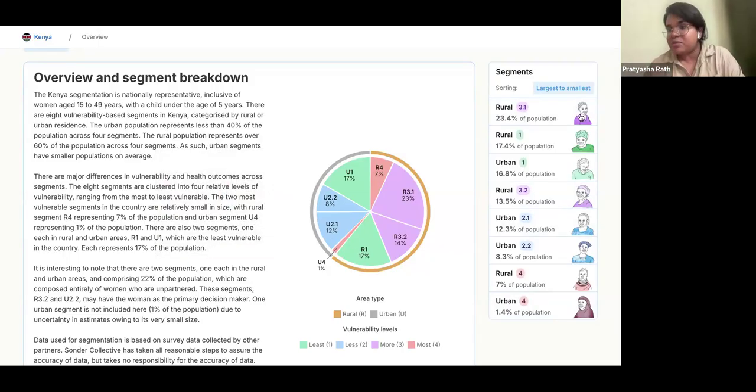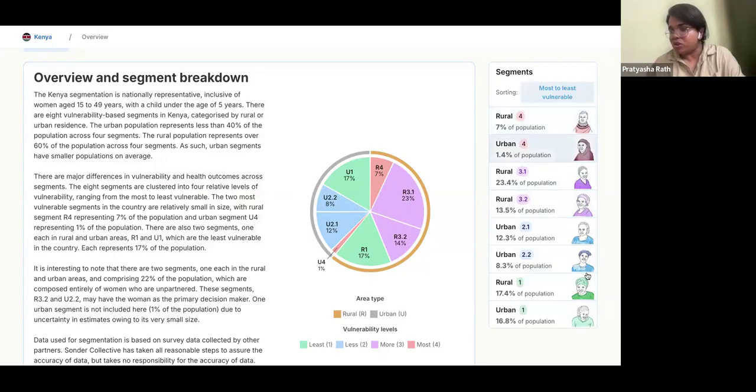So if you go to this part of the platform, the very first thing you could do is start arranging these segments from most to least vulnerable. So you see the pattern here. You see that the 4s, or the segments which are categorized as 4s, are the most vulnerable segments, and the segments which are categorized as 1s are the least vulnerable segments. So you can see an urban and a rural 4.